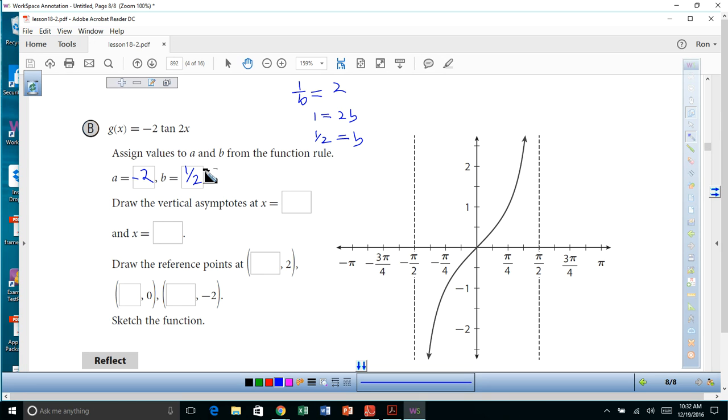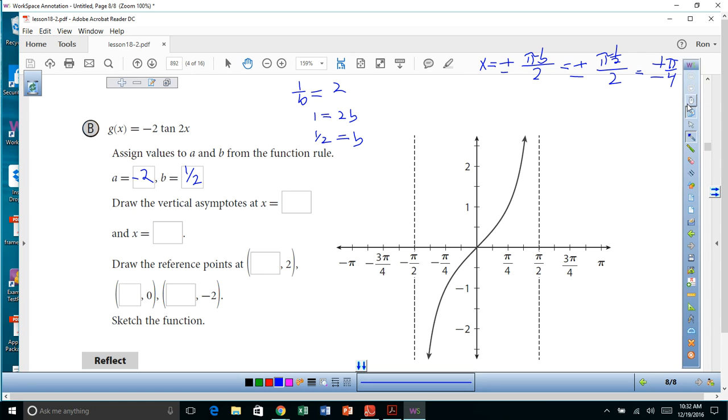Okay. Draw the vertical asymptotes at x equals. The asymptotes, remember, x equals plus or minus pi b over 2, right? Well, what is b? b is 1/2, so that's plus or minus pi times 1/2 over 2, which is plus or minus pi over 4. 1/2 divided by 2 is 1/4.